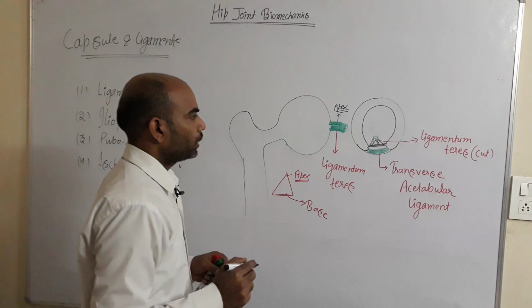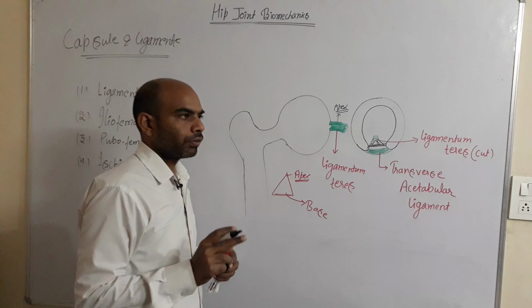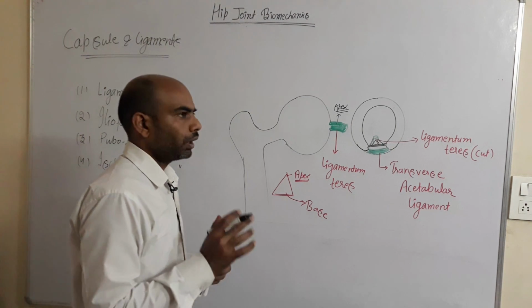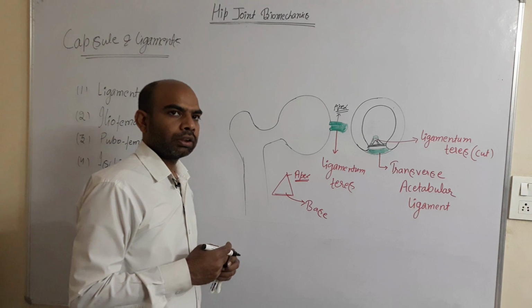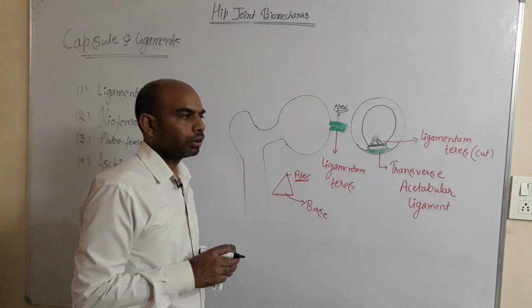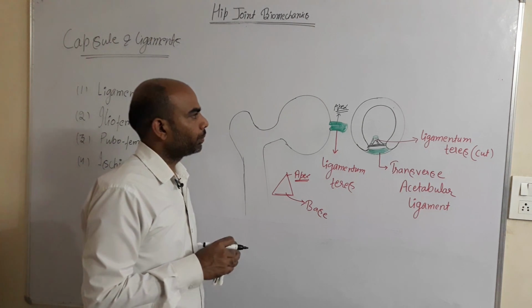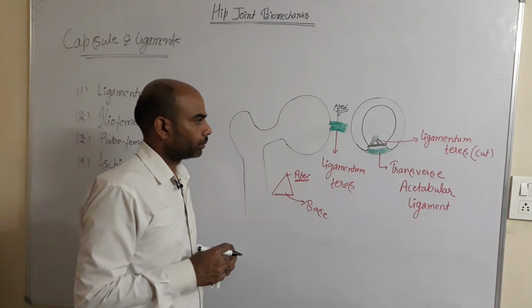This ligament is intracapsular but extrasynovial, meaning inside the capsule but outside the synovial sac. This ligament provides stability to the hip joint. It maintains the head of the femur inside the acetabular cavity.